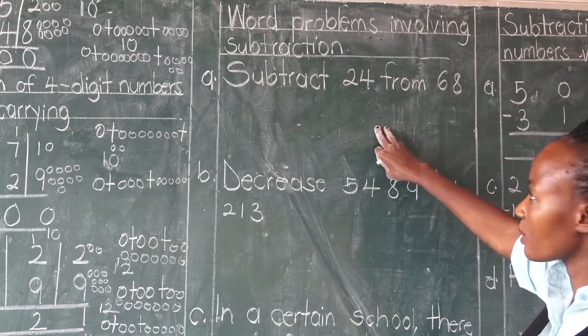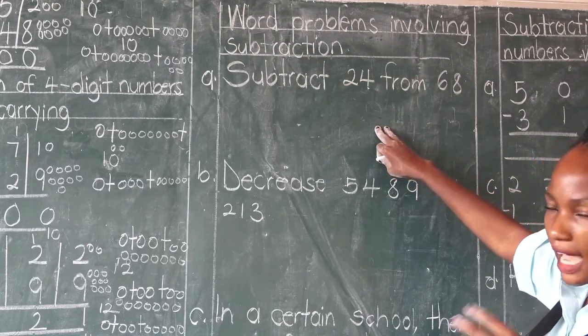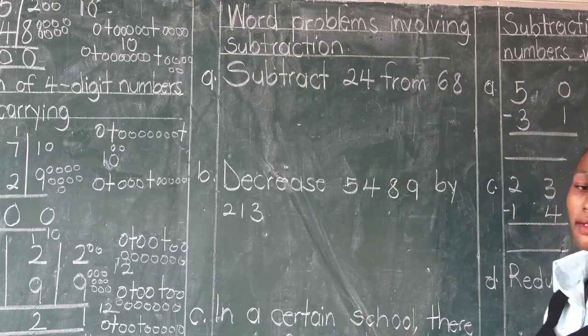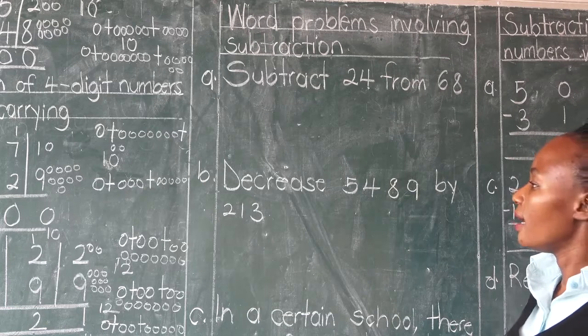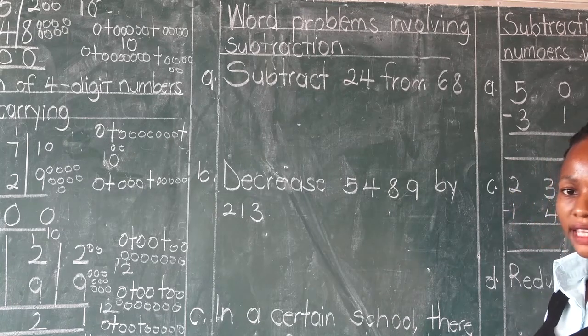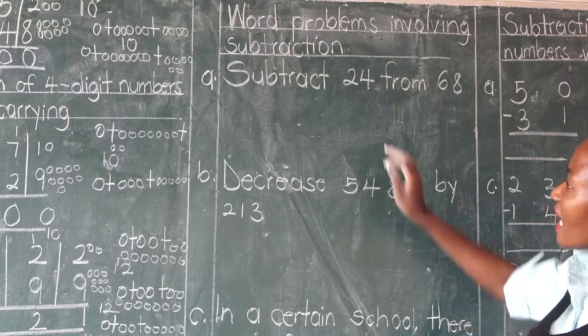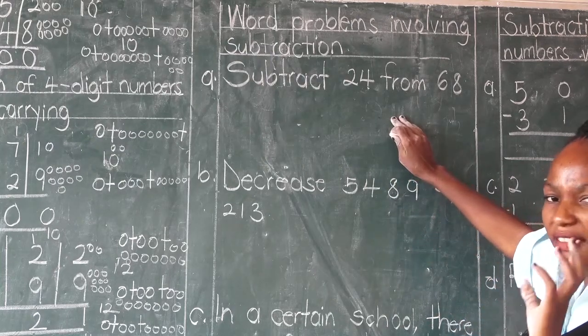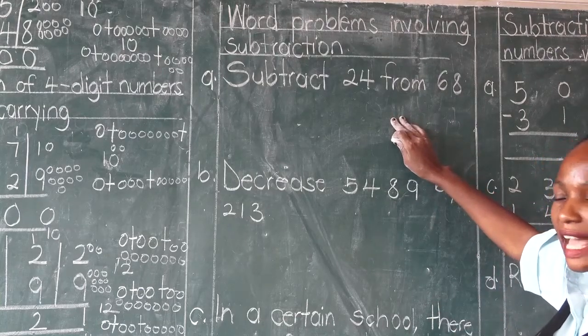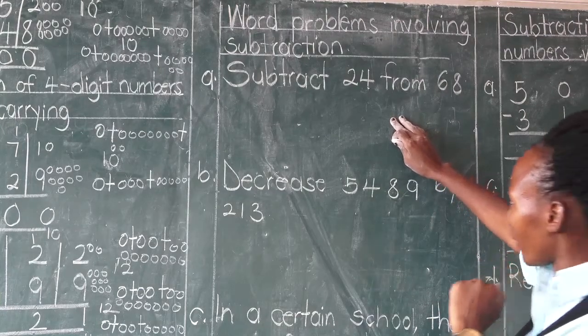When you find such a word, you say, there I need to subtract. We said we have decrease, subtract, less than, remove, take away, minus. Those are some of the keywords. Whenever I find those keywords, there is difference. Just let me know that here I need to take away.